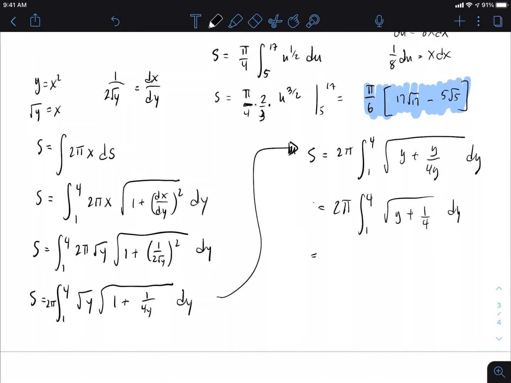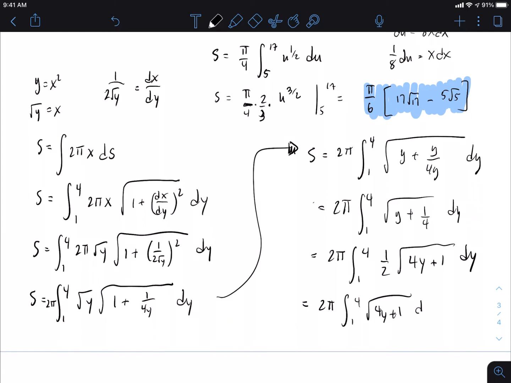So I'll get 2 pi, integral of 1, I'll get a 1/2, root of 4y plus 1 dy. Does everyone see how I got that step right there? Yes. So that's going to give me 2 pi, integral from 1 to 4 of this, and then we're going to do a u sub, correct?